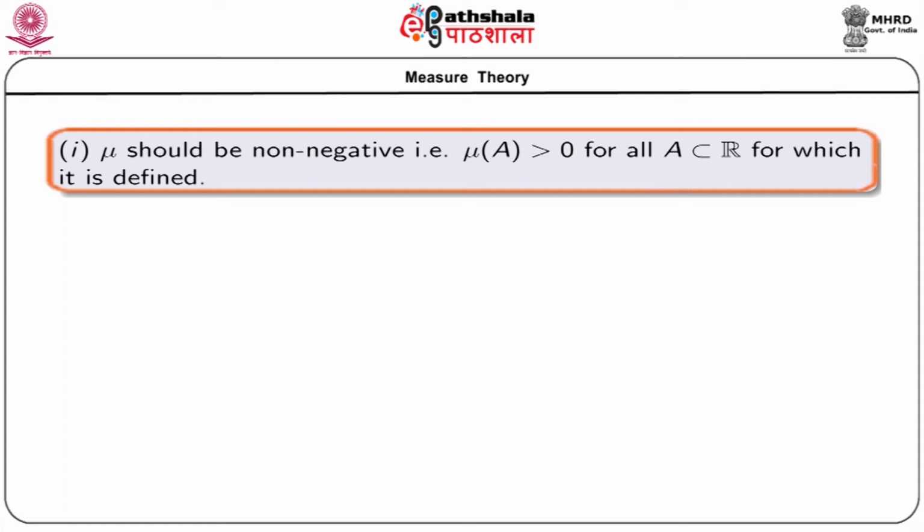From the intuition of the length function, our expectation is that first, mu should be non-negative, that is, mu A should be greater than or equal to 0 for all A subset of R for which it is defined.